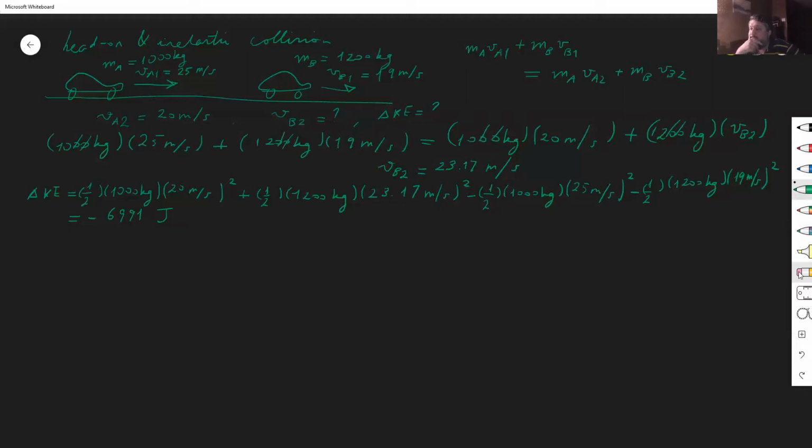All right, how about a head-on and completely inelastic collision? How about that one? So this was head-on and inelastic. How about head-on and completely inelastic? Okay.